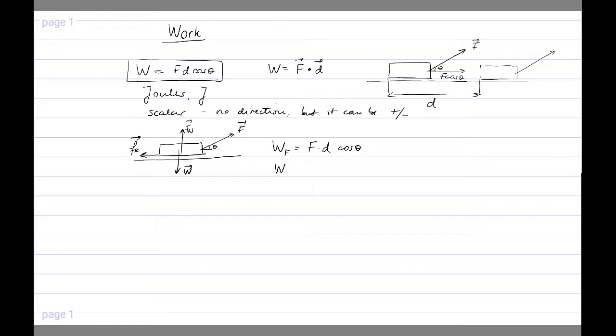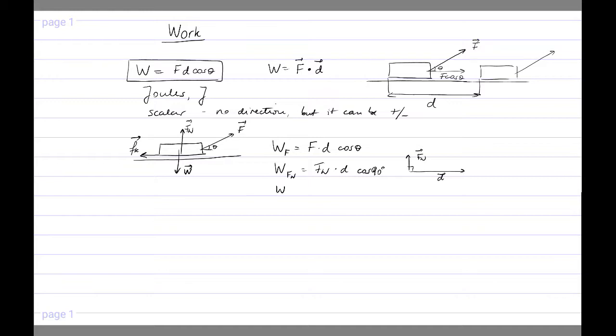The work done by the normal force will be the normal force times the displacement times the cosine between the displacement d and the normal force Fn. That angle is 90 degrees. Cosine 90 is 0. So that means that the work done by the normal force is 0. Normal force pulls up on the object. In no scenario will that block move to the right if the normal force pulls up on it.